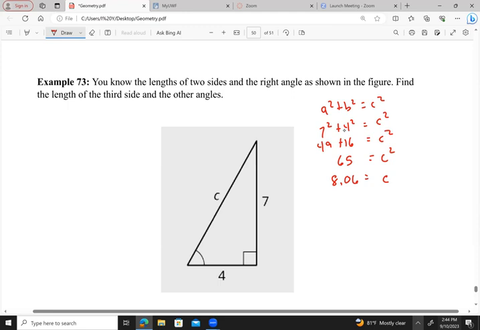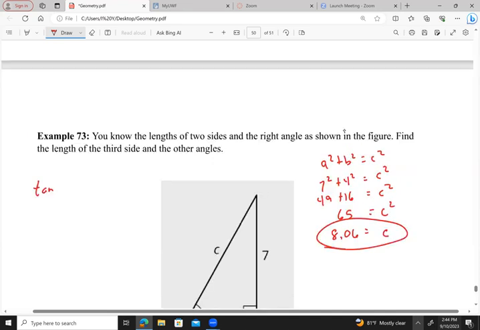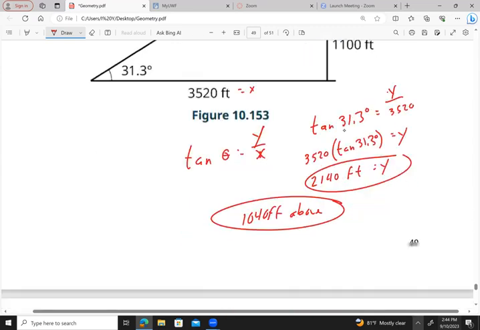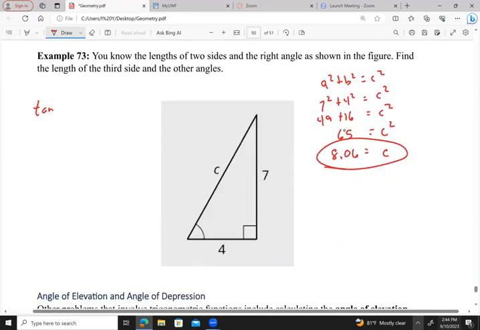Okay, we can work with tangents here. That way we don't have to use our rounded figure. Tangent is opposite over adjacent. So looking at this angle here, opposite is 7, adjacent is 4. So the tangent of theta equals 1.75.